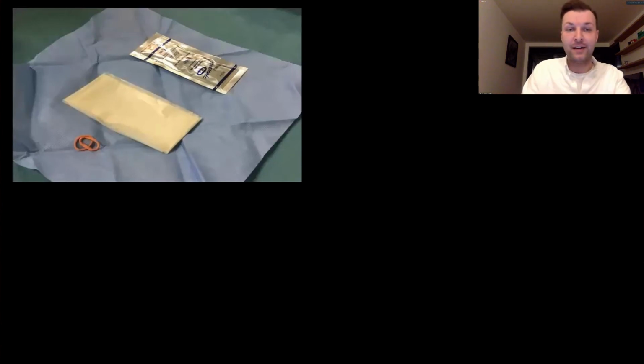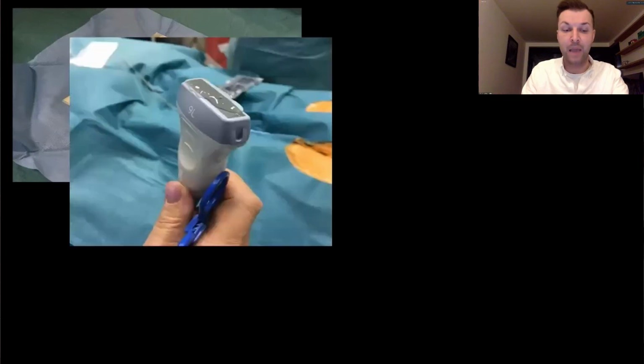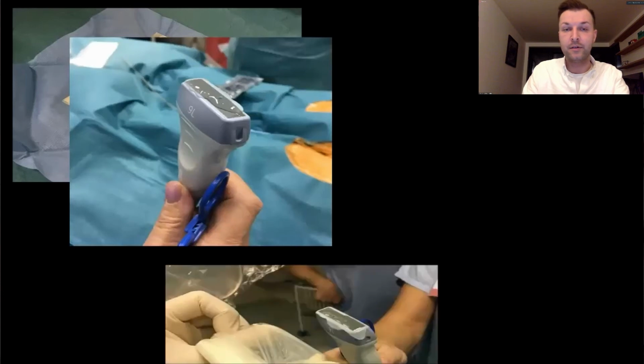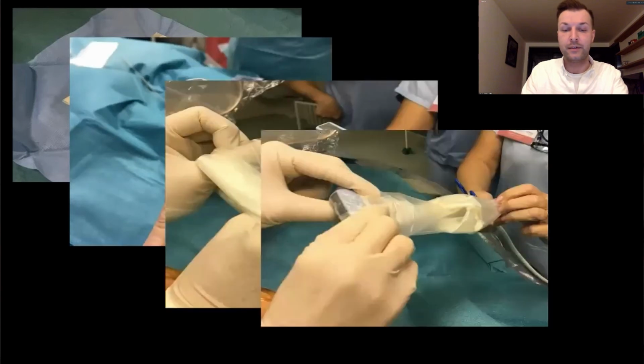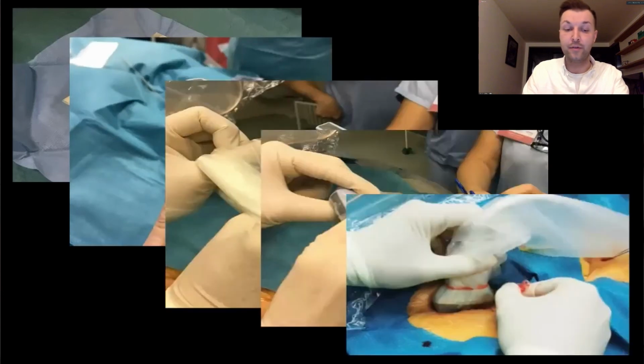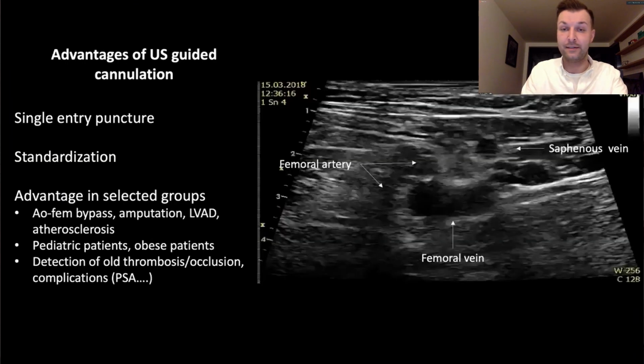Ultrasound-guided venipuncture is easy and fast. You need a sterile gel and a vascular probe cover. Then you put it together on a vascular probe, and finally you perform vascular access.